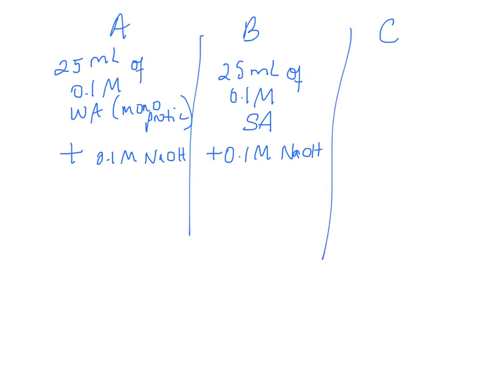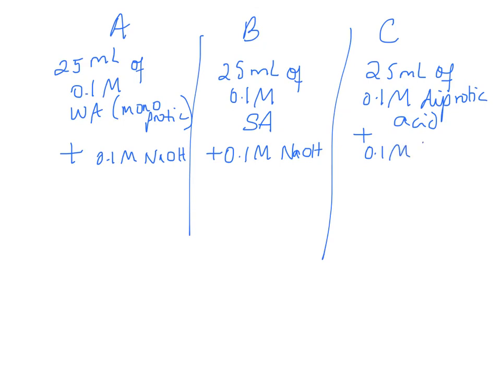And the third case is that I have 25 milliliters of 0.1 molar diprotic acid. So that's a polyprotic acid. And I'm using the same amount of sodium hydroxide for that titration as well. So the question is, what can be said about the three titrations? So which one is true?